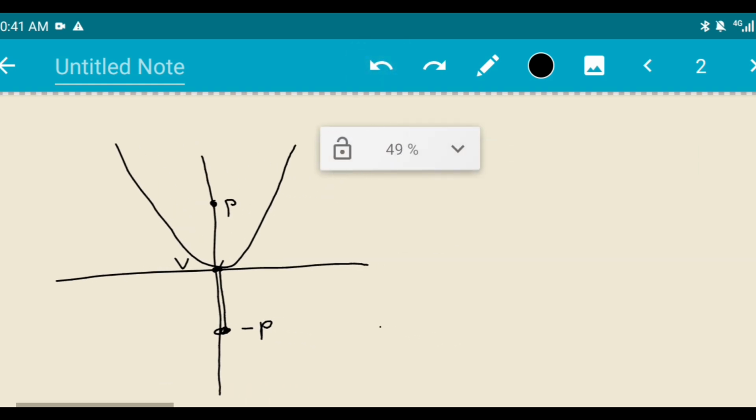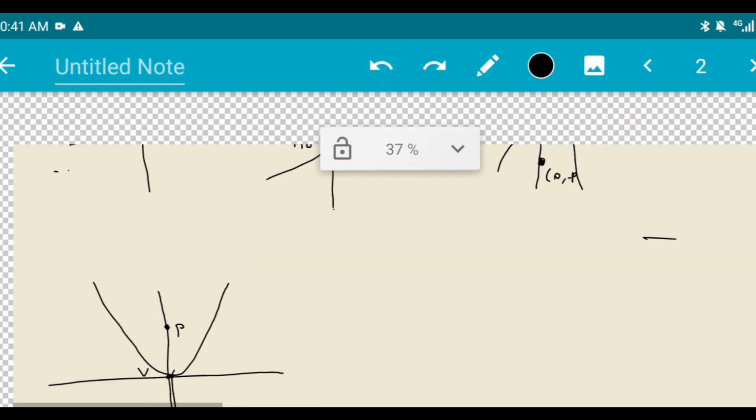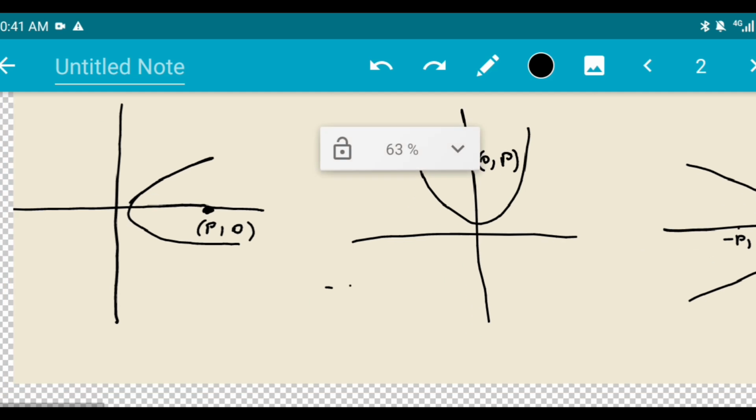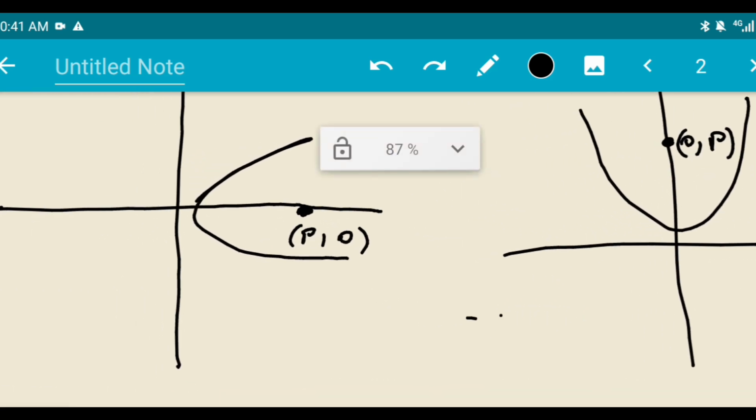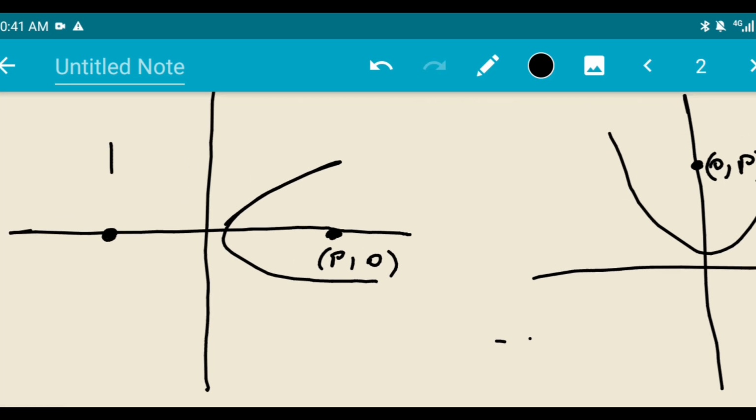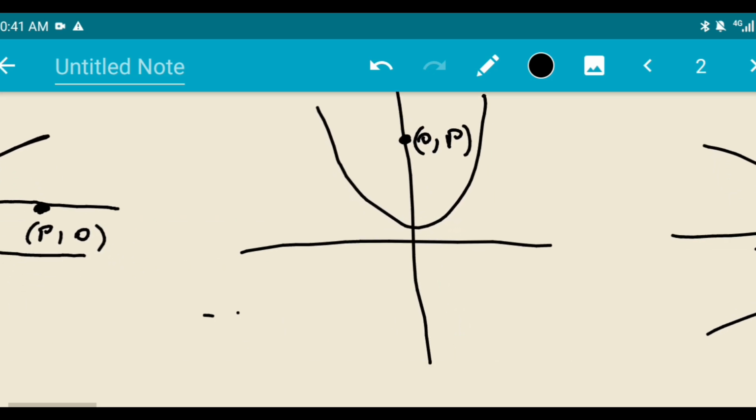So if your conic section, let me just go back to those diagrams. So in this case, the foci is located here. Then the directrix will be located here. Then as for this one, because the foci is located here, the directrix will be located down there.